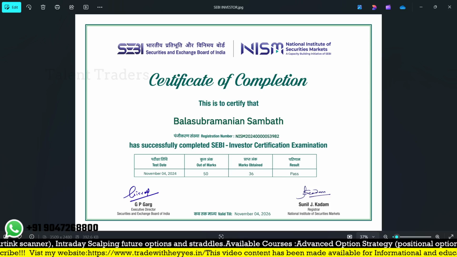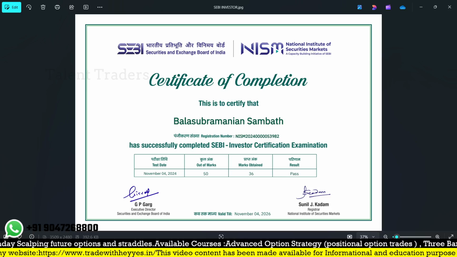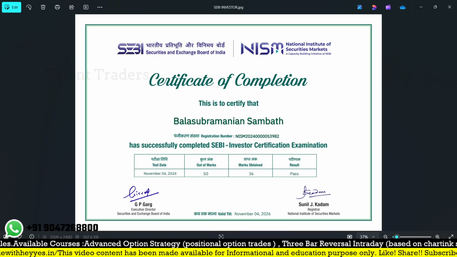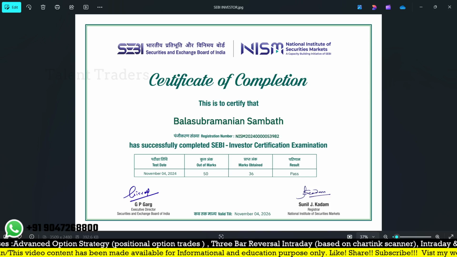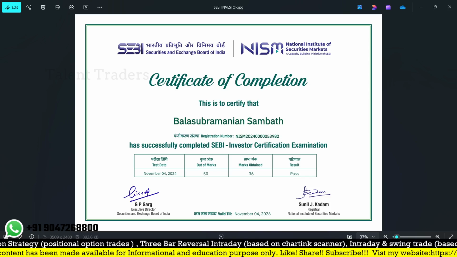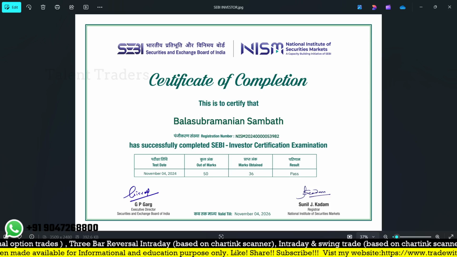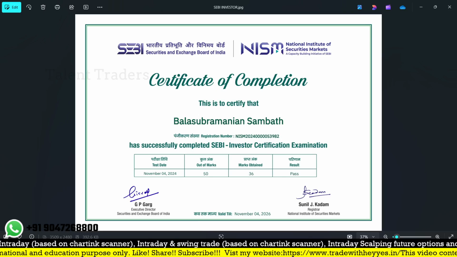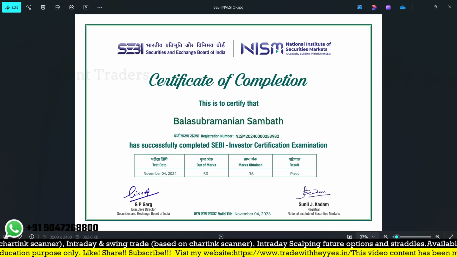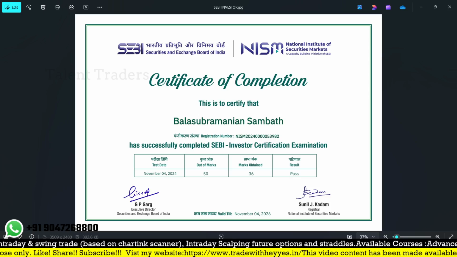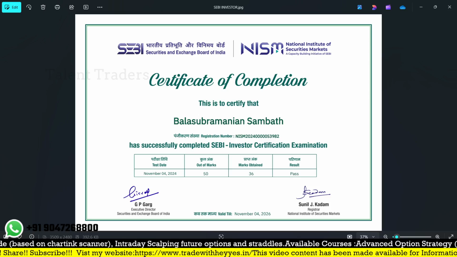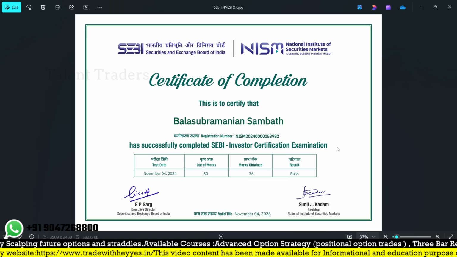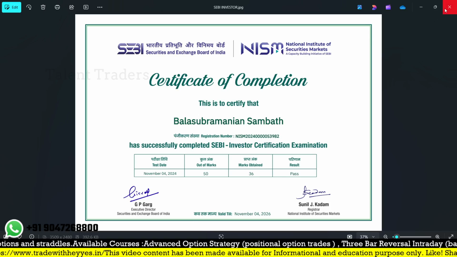There are no fees required. You will get the study material, then go for an online exam, and when you clear it successfully, you will get the certification. We have already completed research analyst, mutual fund distribution, PMS distribution, and also the equity derivative examination. This is my fifth certification in NSE. This is a general one, not any specific one.